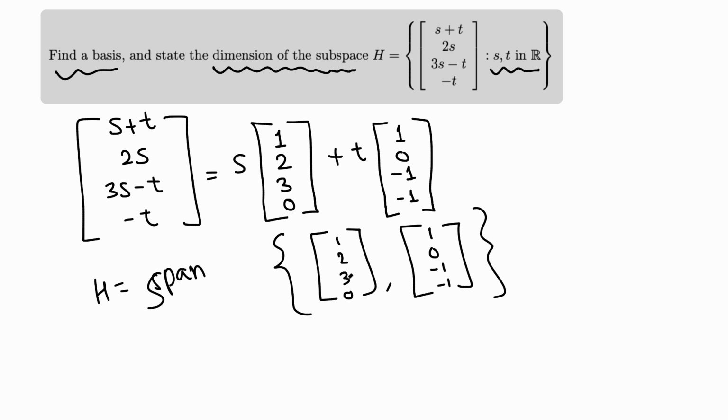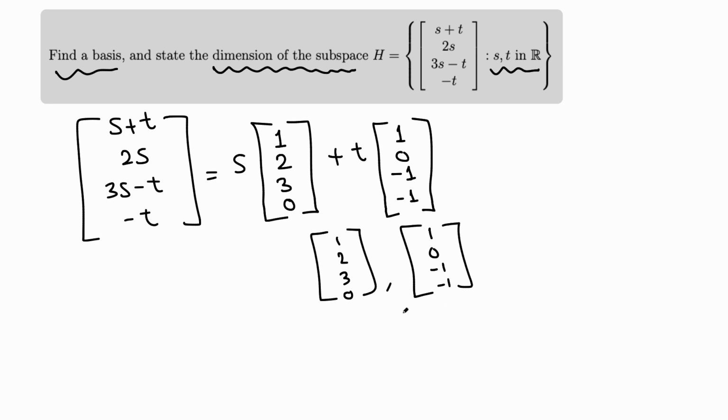If they are linearly independent, then they form a basis. Since we got only two vectors here, we don't even need to write these two things. Okay, we got two vectors, and these two vectors are not multiples of each other. That means these two vectors are linearly independent.